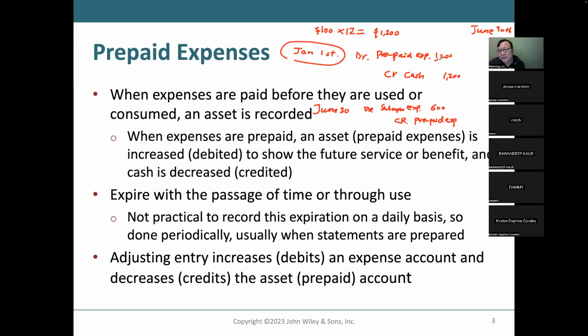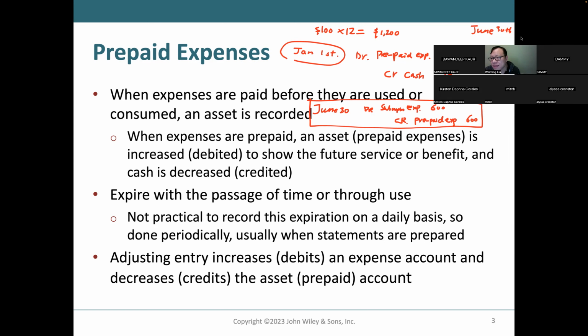So your asset value was 1,200, and now it's half, so 600 is reduced. And what is this called? This is my adjusting entry, because I didn't record subscription expenses every month, but the expenses should be recognized with the passage of time, right?